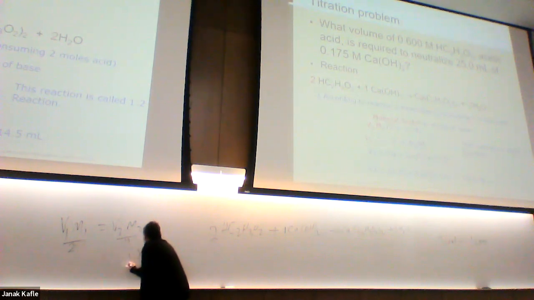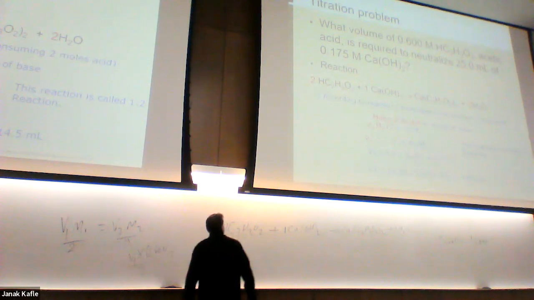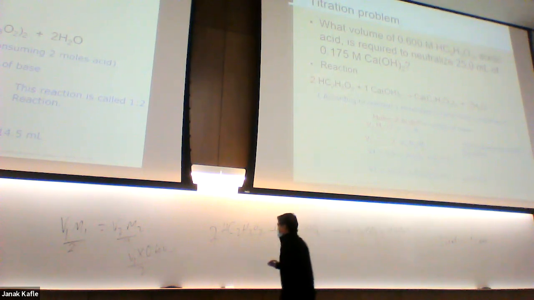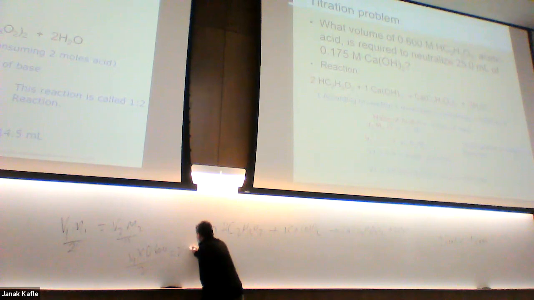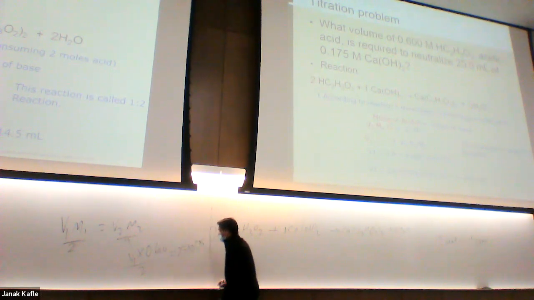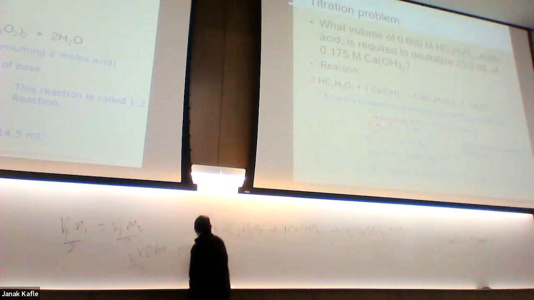So V1 I don't know. Divided by 2 is equal to V2 M2. So V2 is 25 and 0.175. So this is 25 multiplied by 0.175. So 2 goes here.